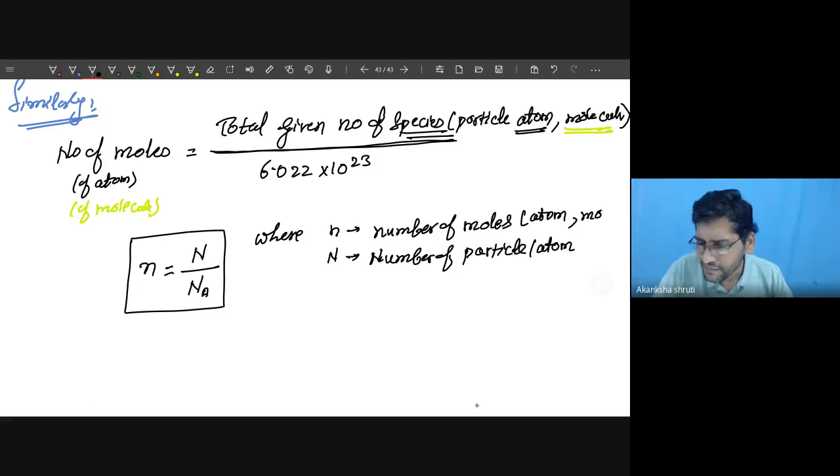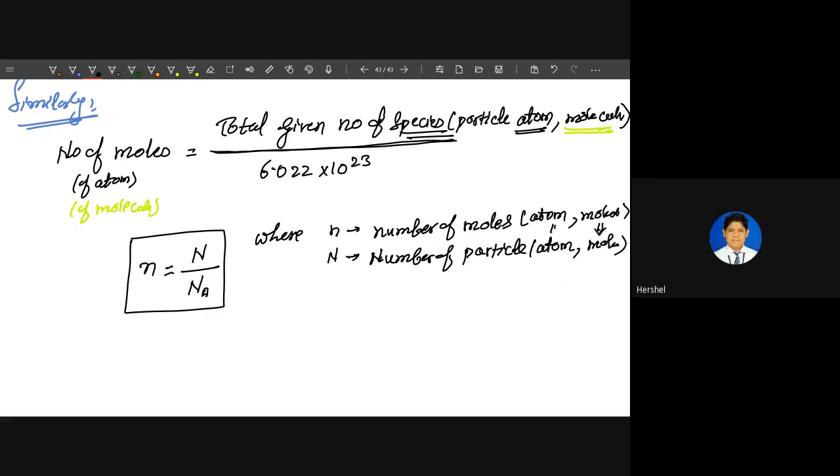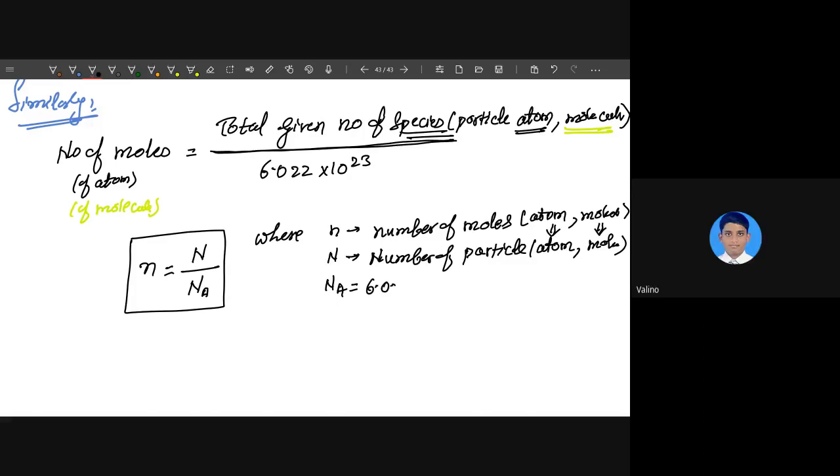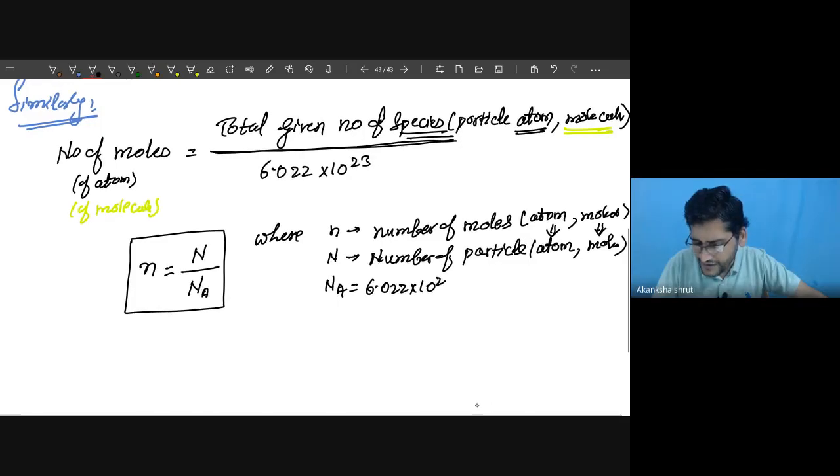If we are taking the molecule, then this particle should be in molecule. Whatever mole we want to calculate will depend on what is given, in which term, whether in molecule or in atom. And Na is nothing but the Avogadro number, its value is 6.022 into 10 to the power 23.